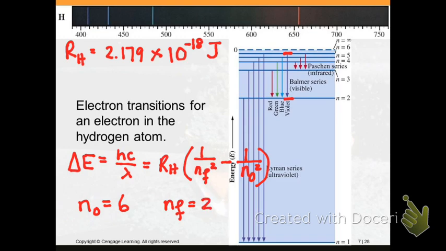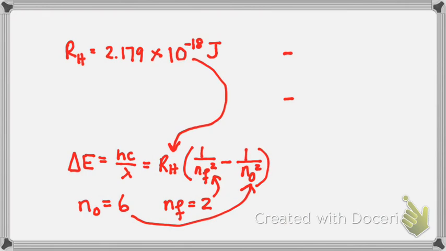Those values are going to be plugged into the equation with the corresponding arrows, and Rydberg's constant will be plugged in where I've just drawn the arrow. So what I want to do now is go to a blank slide.